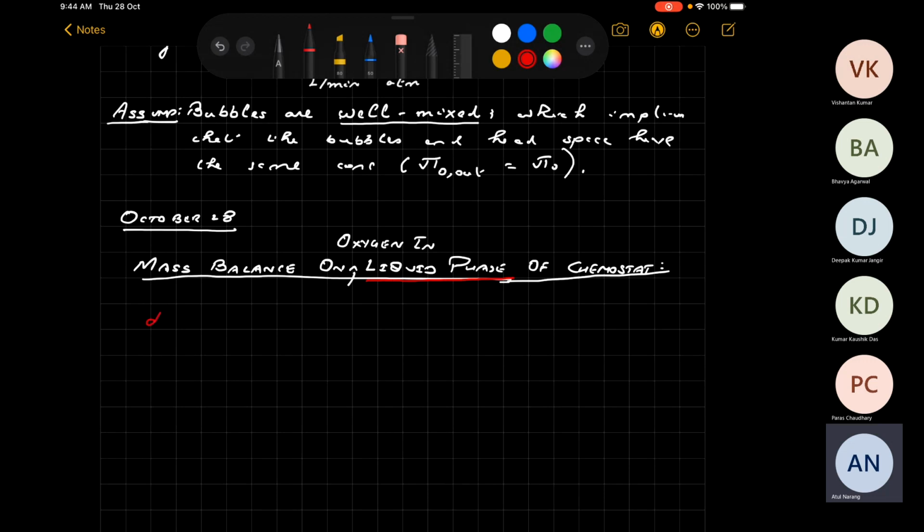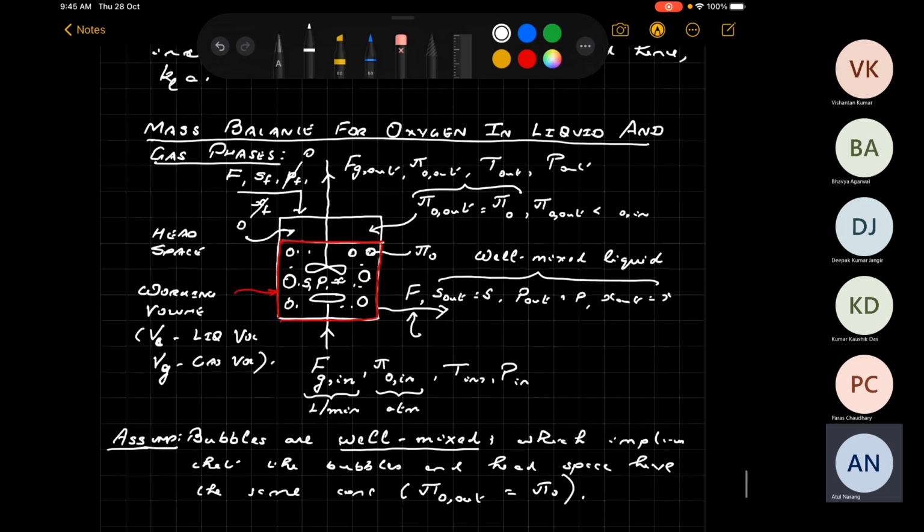So the first thing I have to write down is the mass balance. How much oxygen do I have in the liquid phase of the reactor? Well, CO is the notation that I'm using for the concentration of oxygen in the liquid phase, and VL is the total volume of the liquid in the working volume.